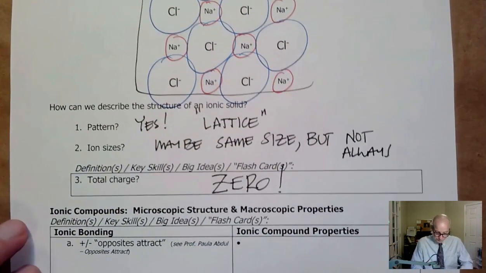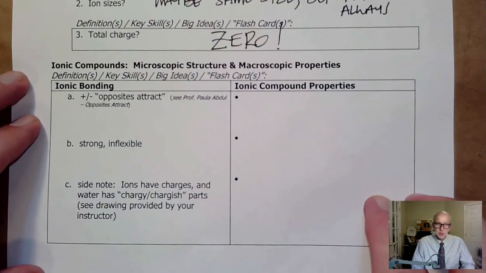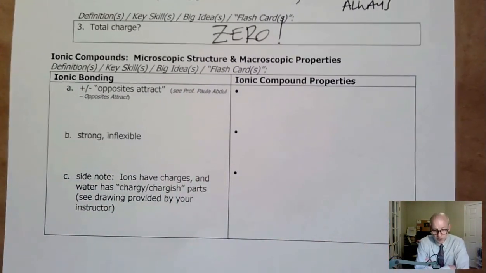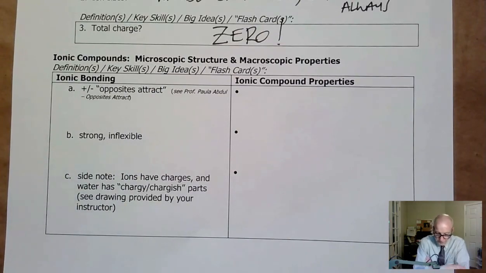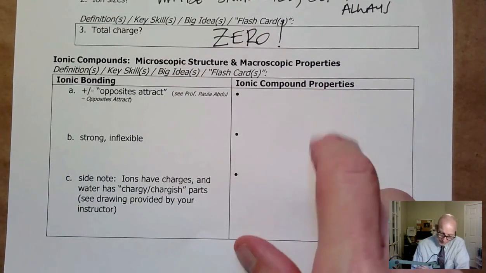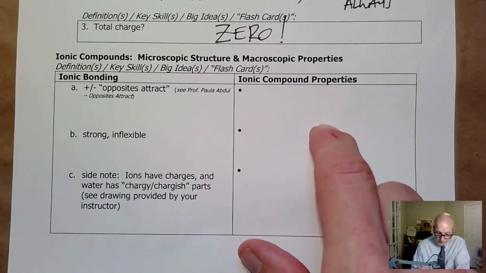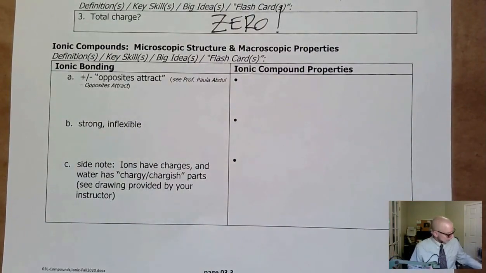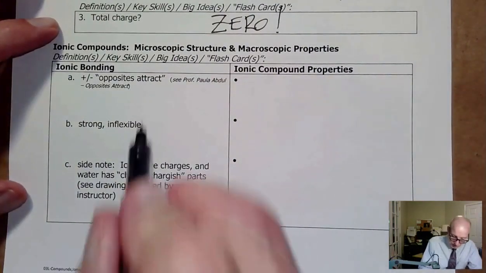Now, the macroscopic structure and macroscopic properties and microscopic structure will come from the experiment that you're going to do this week. So I'm going to maybe come back to this in lecture 2. But what I want to do right now is think about what the structure is.